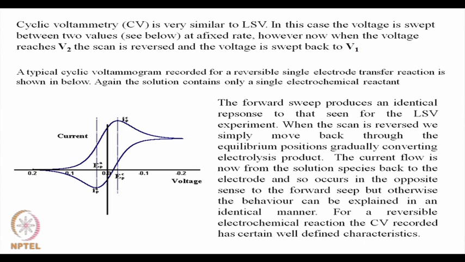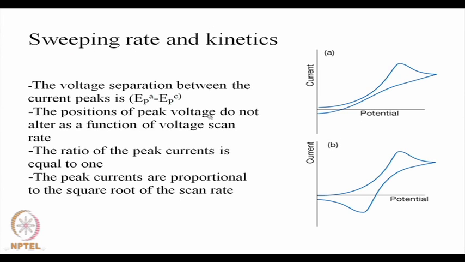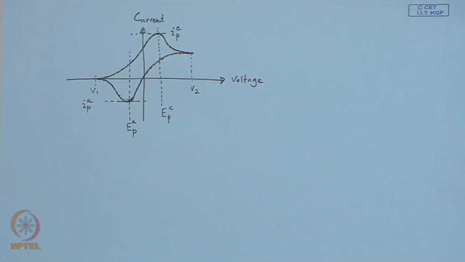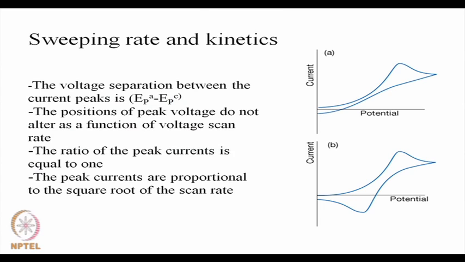The characteristics are the voltage separation between the current peaks EPA and EPC, this one, and the position of the peak. The peak voltage does not alter as a function of voltage scan rate for a perfectly reversible one.